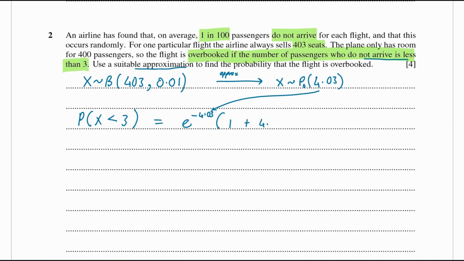Then 1 missing the flight, and then 2 missing the flight, over 2 factorial. When you plug this into your calculator, you should be getting 0.234. So that's question 2 done.